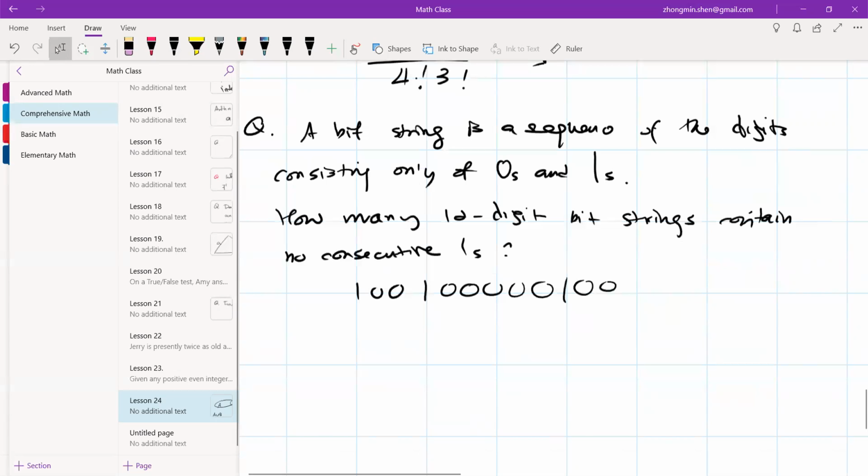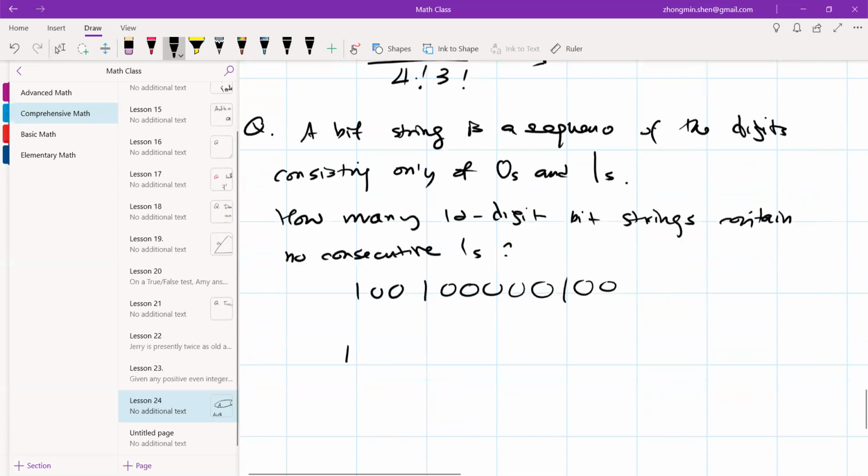But if you have more than certain ones, think about it, then it's impossible. There must be two ones next to each other, right? So there's an upper limit for the number of ones you can have, okay?